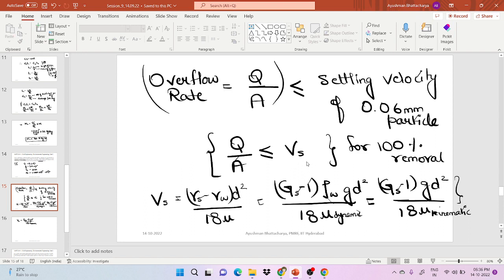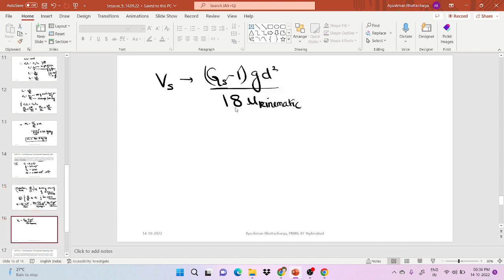After calculating the Vs and substituting the value of flow rate, we can easily calculate the area. So this you remember. Vs we will calculate as G value they have given as 2.65, into 9.81.